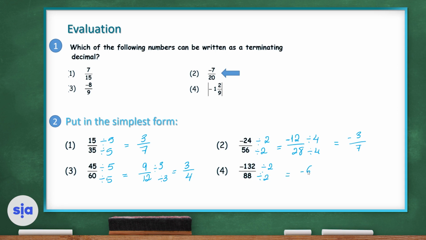So it's negative 66 over 44. Both can be divided by 11. So it's negative 6 over 4. Again, they can be divided by 2, so we divide by 2 up and down. The final result is negative 3 over 2.